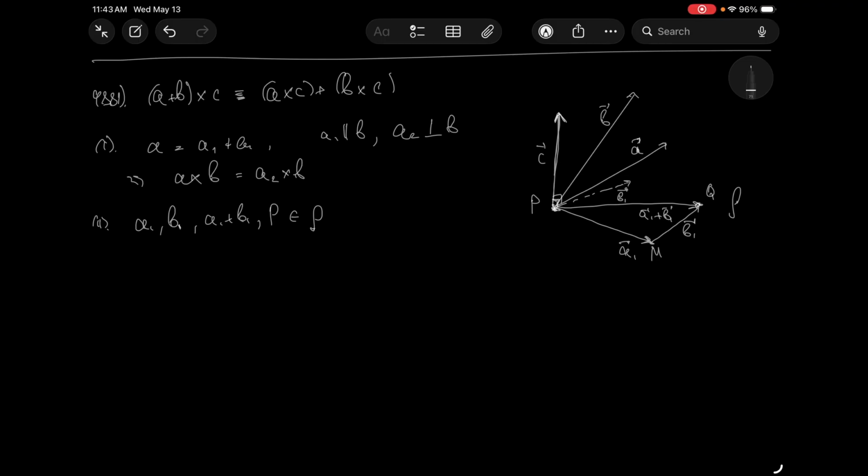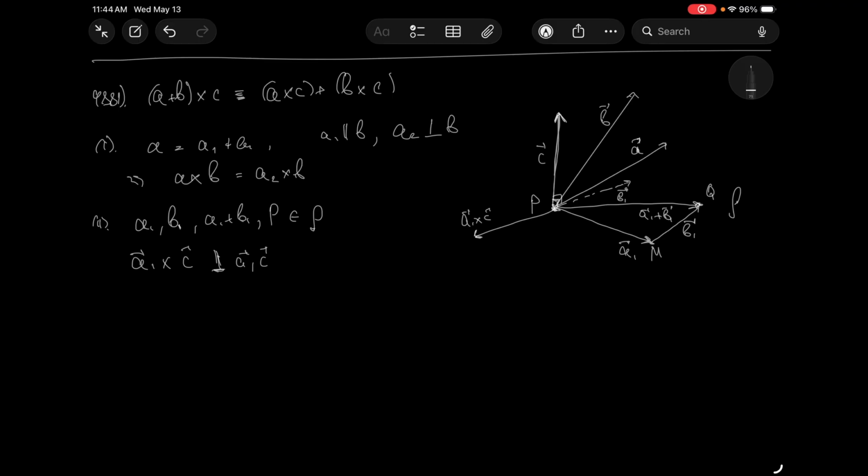We can also notice that the cross product of vector a1 and vector c would be perpendicular to both vectors a1 and c. So let's designate this vector as a1 cross c.